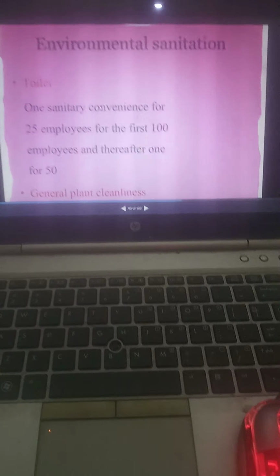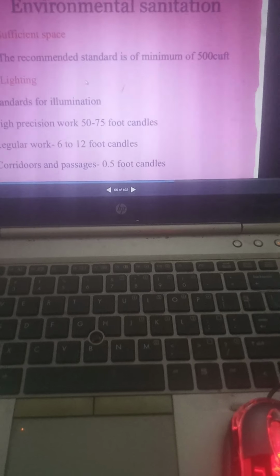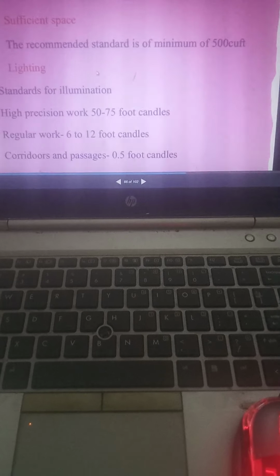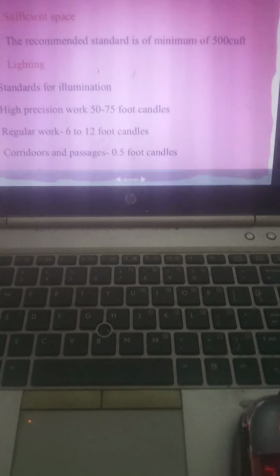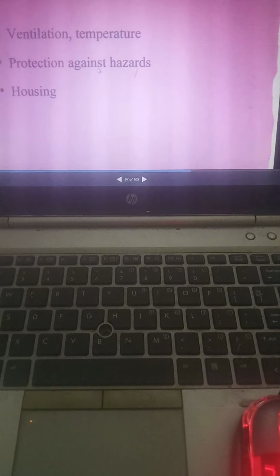Lighting. The standards for illumination: high precision work 50 to 75 foot candles, regular work 6 to 12 foot candles, and corridors and passages 0.5 foot candles. And foot candles are units of illumination. We will read about it while discussing environmental sanitation.